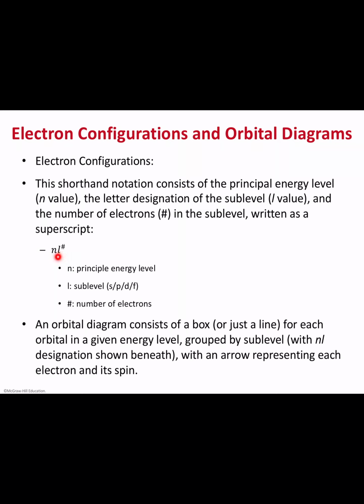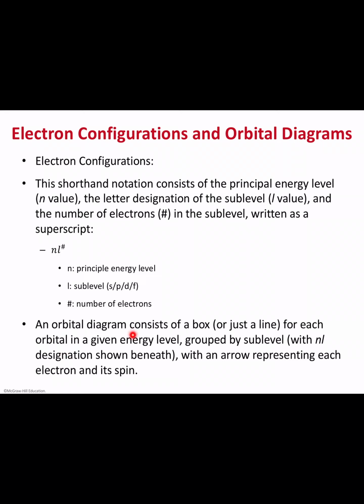It could be s, p, d, f, which is the l value, and the number of electrons in the sublevel. That's going to be a superscript right after the l value. And that is how we write an electron configuration. So here n is the principal energy level, l is a sublevel, it could be s, p, d or f, and then the number of electrons is the number right there.